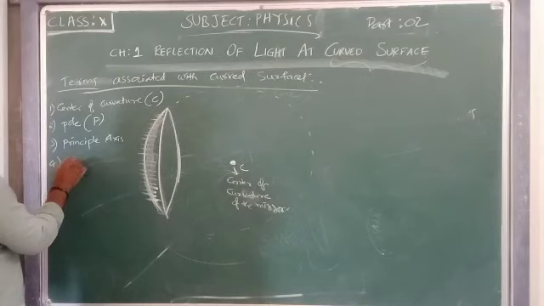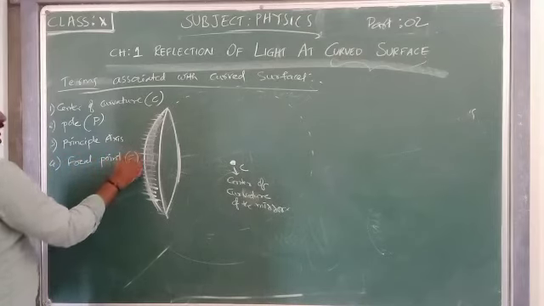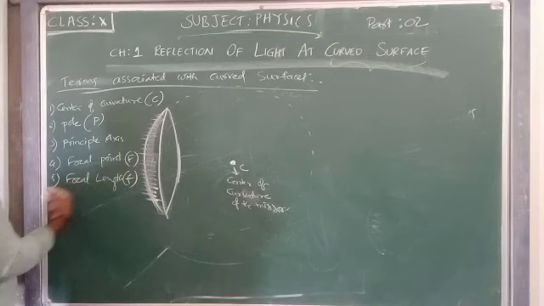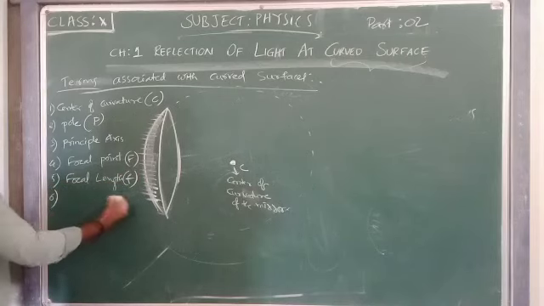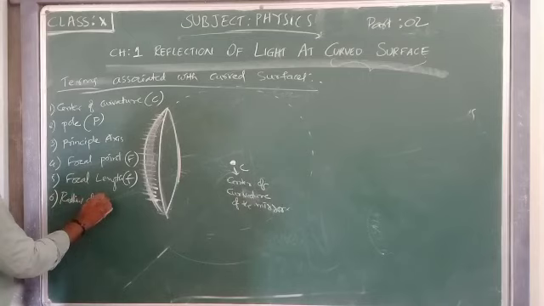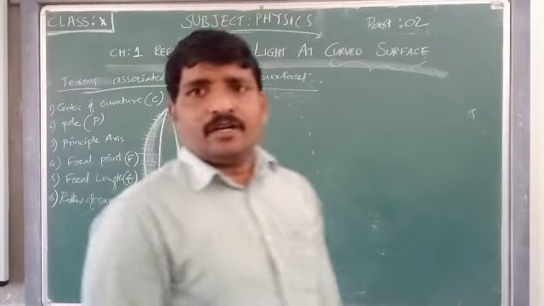Next we are talking about focal point, capital F. Next we are going to talk about focal length, small f. And sixth one we are talking about the radius of curvature, capital R.